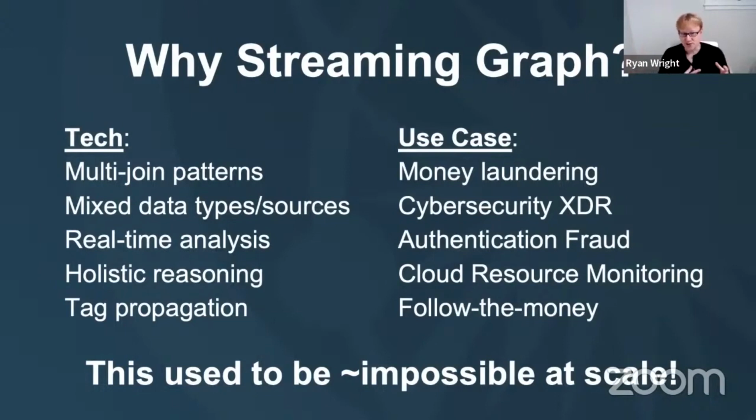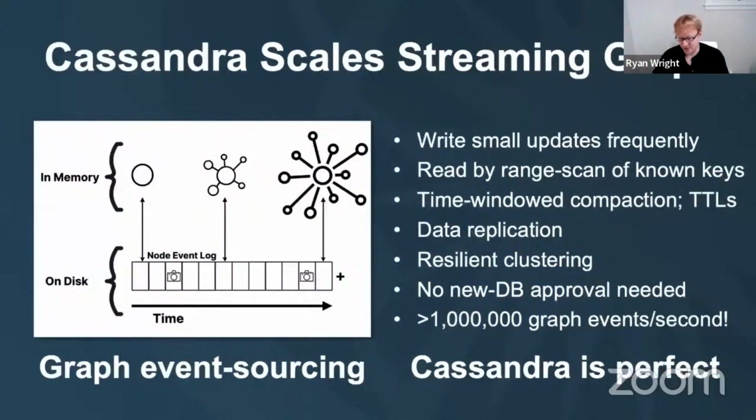Or if you've got data from lots of different sources and different types, and your job is to join them together and handle out of order data delivery, then you can enable new use cases like cybersecurity XDR platforms to monitor that and find those things. With real-time analysis capabilities, you can watch for authentication fraud as it's happening, and you can shut those fraudsters down before they actually get in and log into the system.